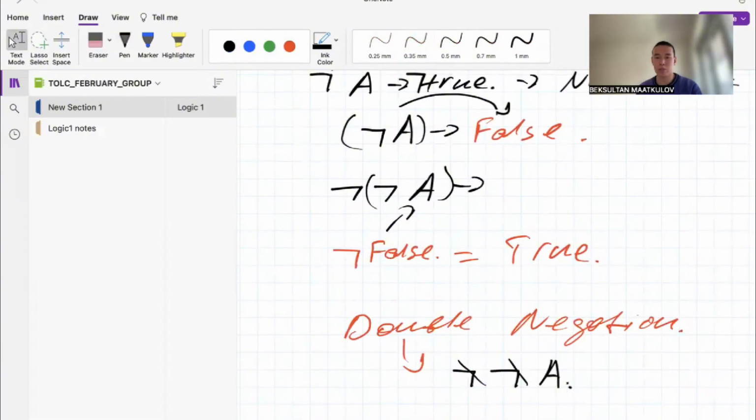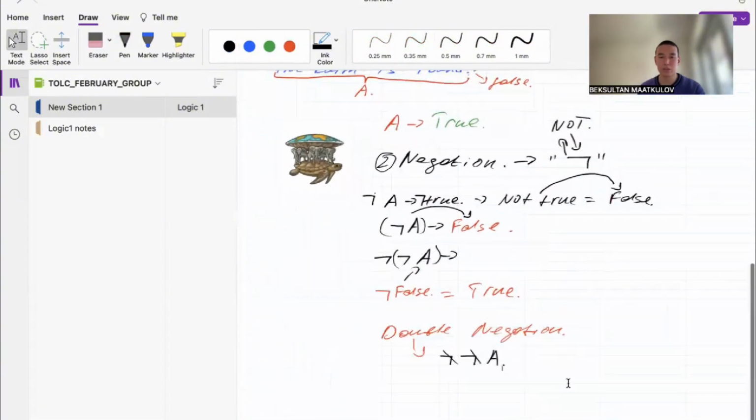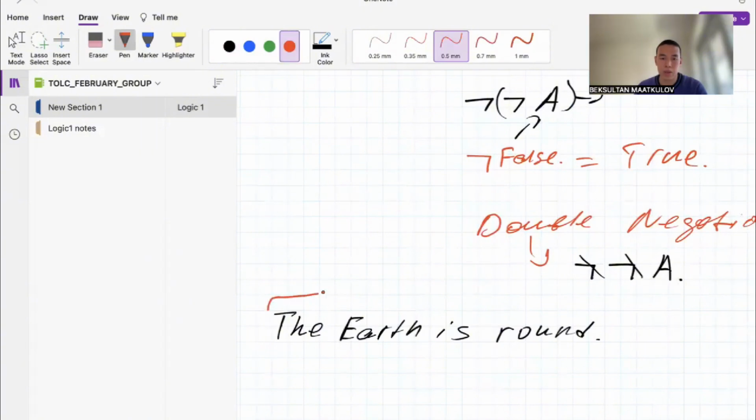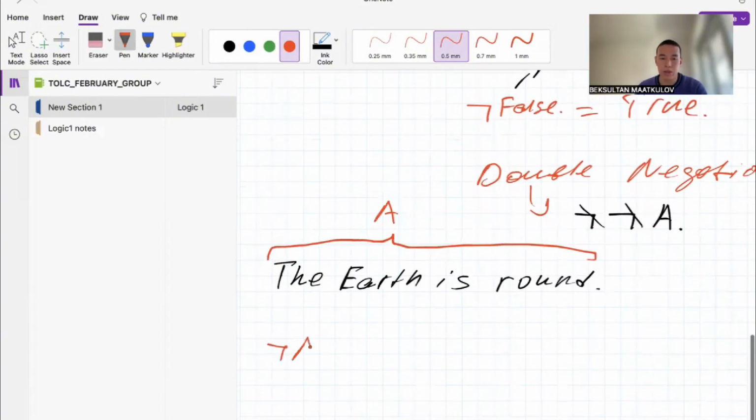And let's try to negate our statement. I'll go back here and write again. The statement was, the earth is round. Okay, if this is our a, what will be not a?